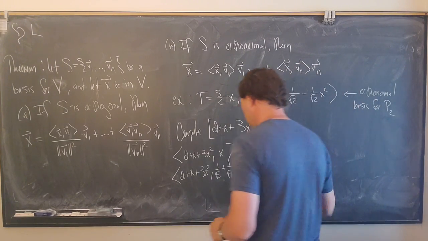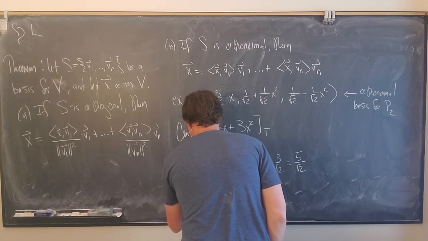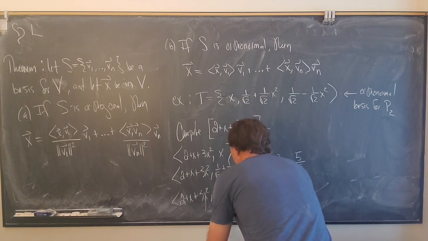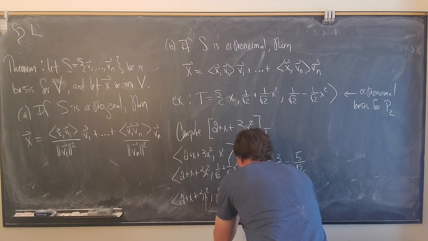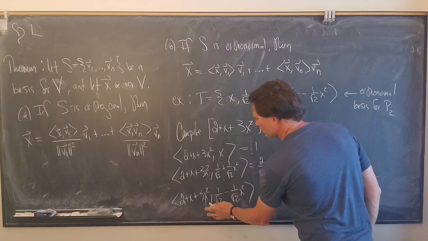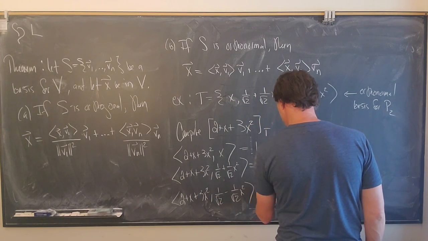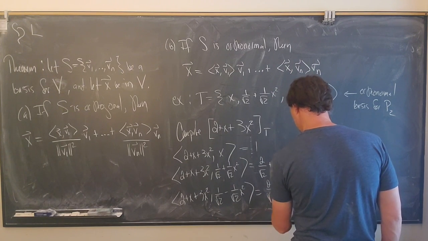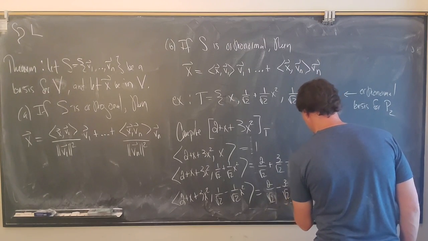And then for the last one, we do 2 plus x plus 3x squared inner product with 1 over root 2 minus 1 over root 2 x squared. And this will come out to be 2 over root 2 minus 3 over root 2, so that gives us negative 1 over root 2.